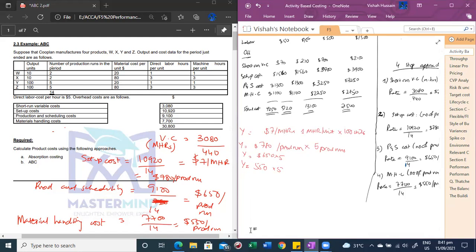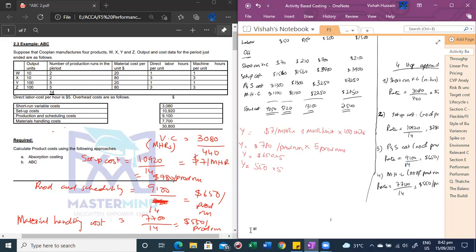Hi, ma'am. In production and scheduling cost, you divide it by 14, like it's number of production runs. And similarly, you divide it by 14 in material handling cost. Why is it so? Why do you divide it by 14? Because all three of these costs are related to production only, when you are planning to start production and when you're actually starting production.